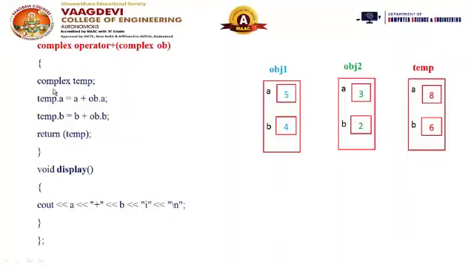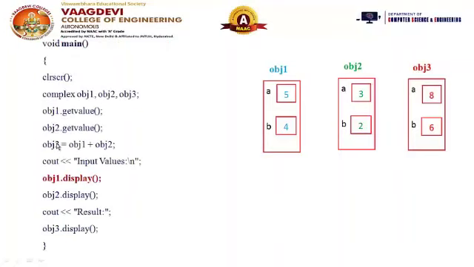In the next statement, the implicit object's A value and the explicit object's OB.A are added and the resultant value is assigned to temp.A. In the next statement, the implicit object's B value and the explicit object's OB.B are added and the resultant value is assigned to temp.B. The statement return temp will return the temp object, which is then assigned to object 3.